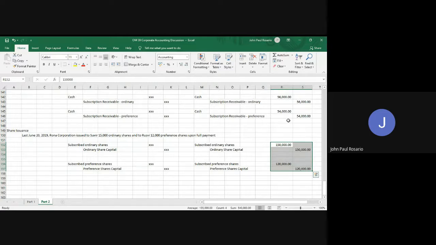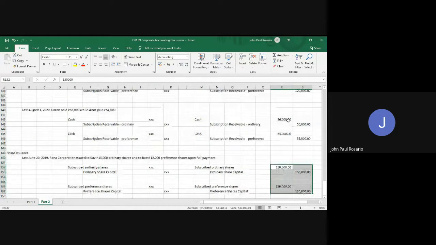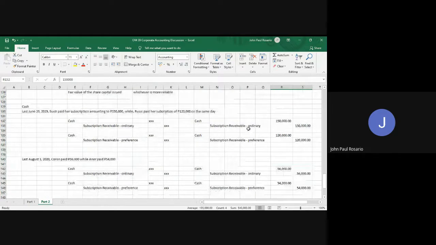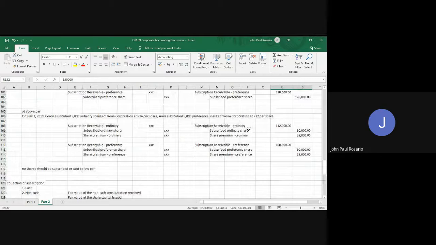Okay? Now, for example on this part, kaning lugar si Coron og si Anor, di ba? Na kuan man sila kanang excessive man ilang payment. Remember nga ang imong i-close is kani biyang subscribe nga mga account which is ang imuhang amount gamit is according to par value.